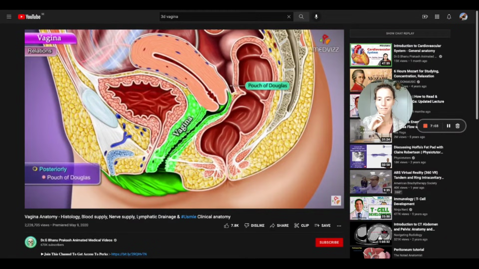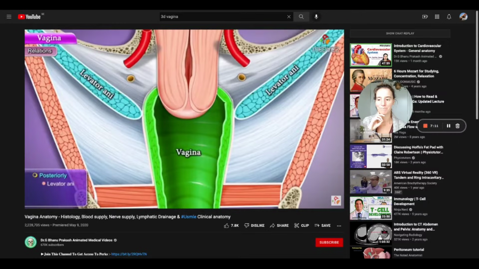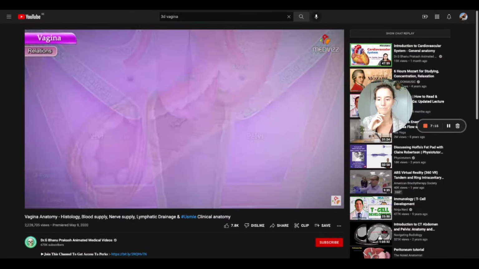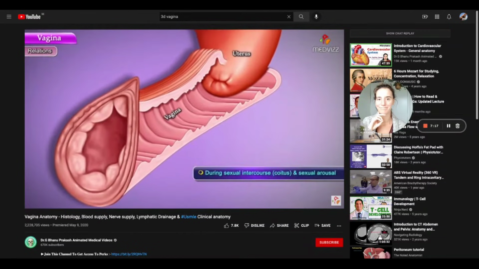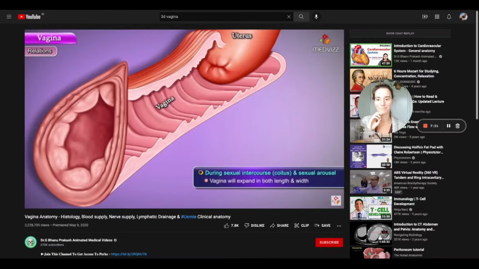Posteriorly, to the pouch of Douglas, Denonvilliers' fascia, perineal body. Laterally, to levator ani, pelvic fascia, and ureters. During sexual intercourse or coitus and sexual arousal, the vagina will expand both in length and width, while the upper two-thirds of the vagina expands and lengthens.